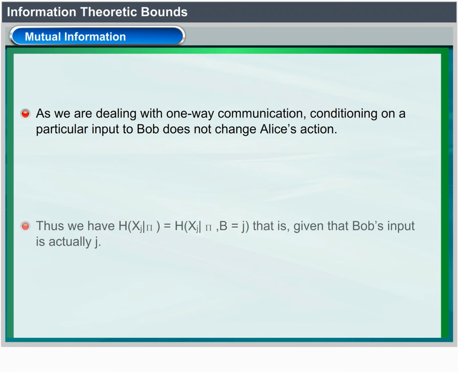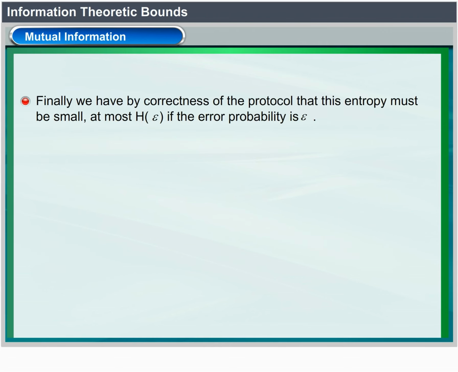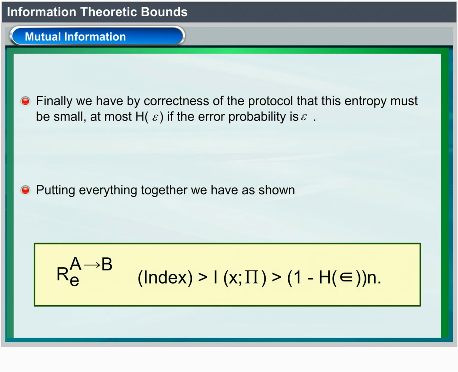Thus we have H of x_j given Pi equals H of x_j given Pi, b equals j. That is, given that Bob's input is actually j. Finally, we have by correctness of the protocol that this entropy must be small, at most H of epsilon if the error probability is epsilon. Putting everything together, we have as shown below.